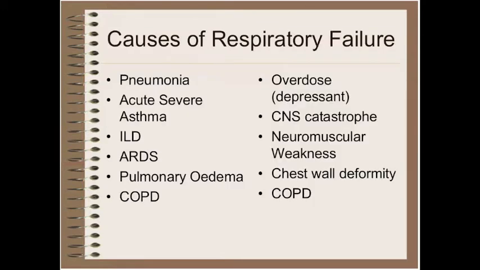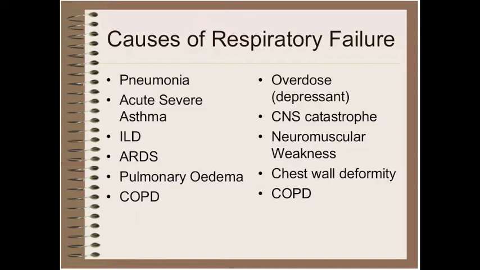Now to disease processes. And I've made a list, it's not exhaustive, of general disease processes that cause respiratory failure. So pneumonia, where you get the lungs congested and solid, and you get a VQ mismatch there. Acute severe asthma. Asthmatics presenting acutely are often surprisingly hypoxemic.